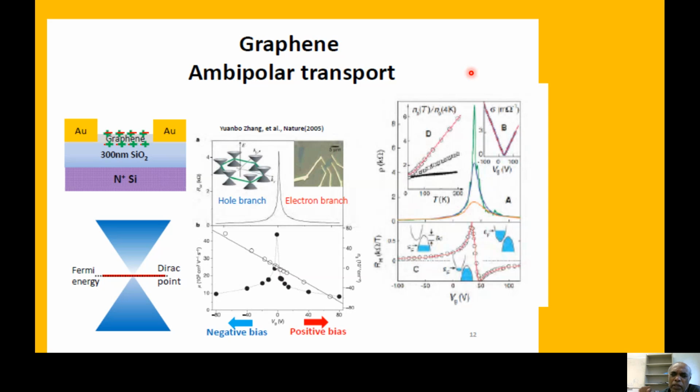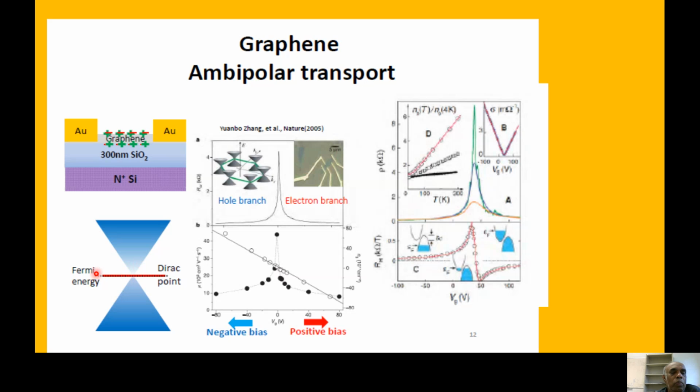If you put in n-type carriers, you enhance your properties, but p-type carriers don't influence that. But graphene is ambipolar. That means you can dope with both electrons and holes, because we know at the Dirac point they are neutral.